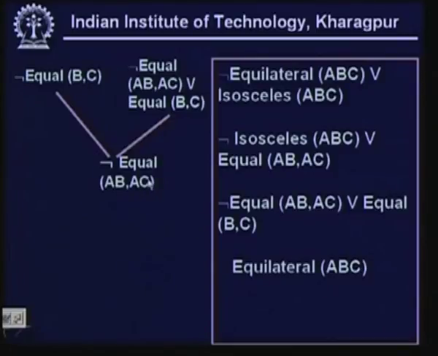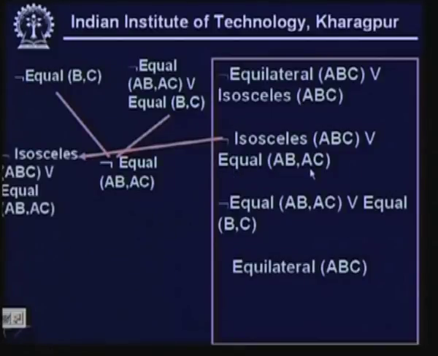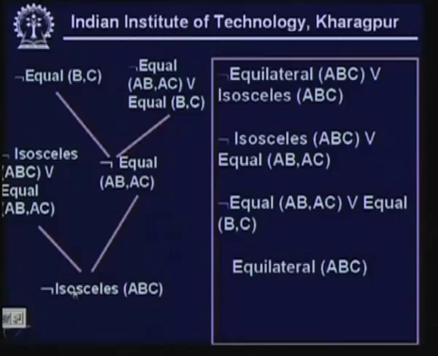Now, when I get not equal ABAC, again I look over here and I will try to find out another clause which has got the complement of that. So, equal ABAC is here. So, I take this clause, and try to resolve between these two. As I resolve, what do I get? These two will resolve out. So, I will get not isosceles ABC.